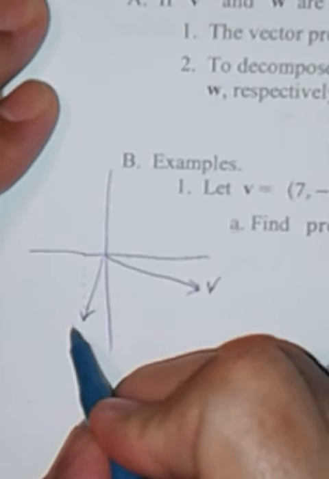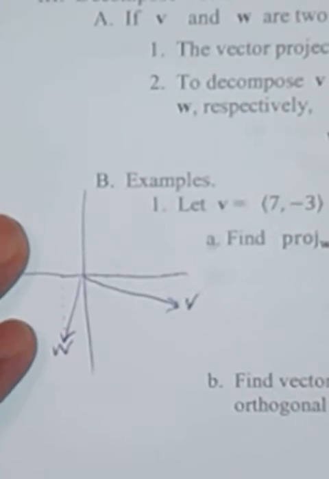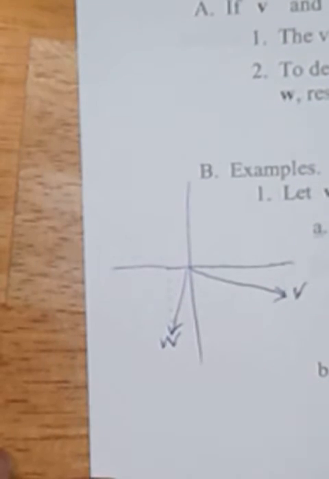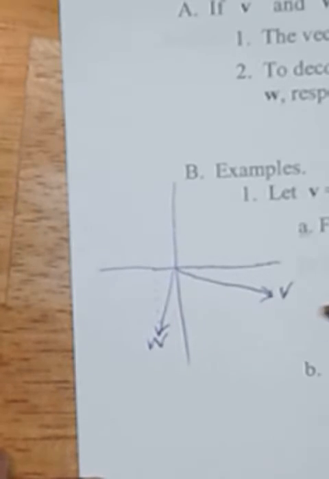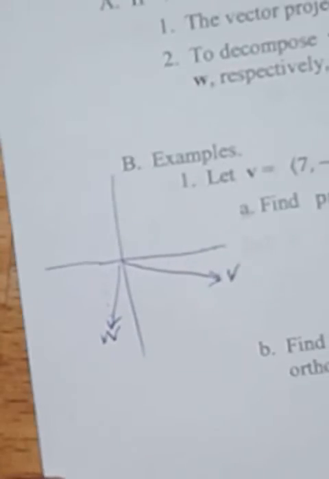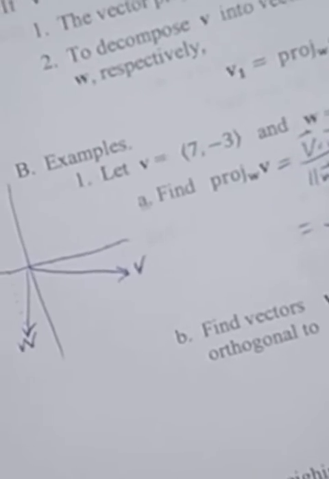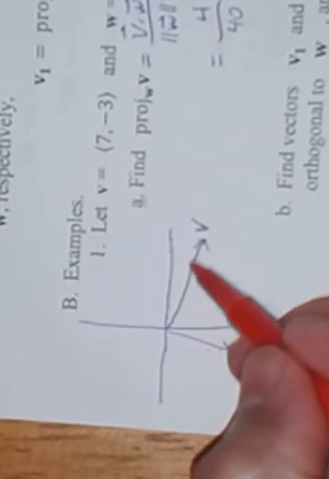The projection of V onto W is like shining rays perpendicular to W across V and looking at the shadow.